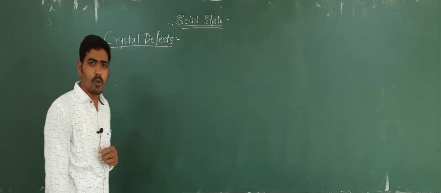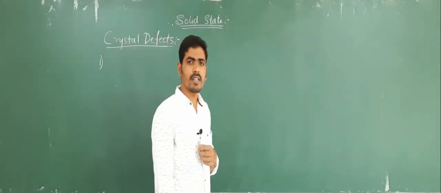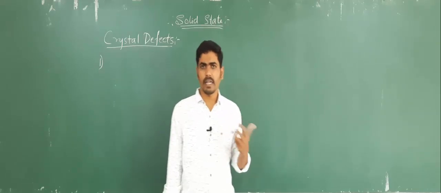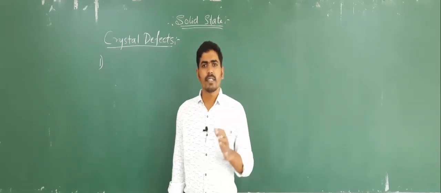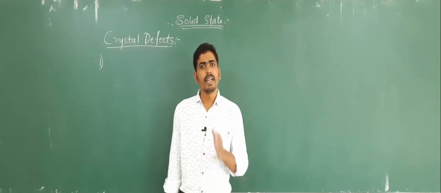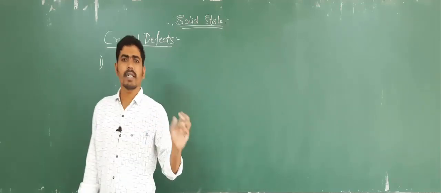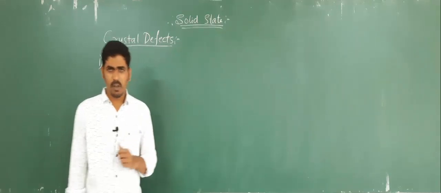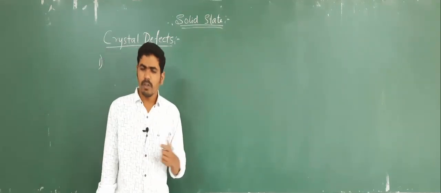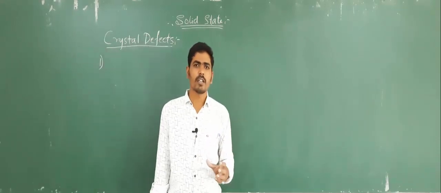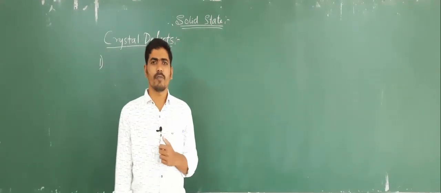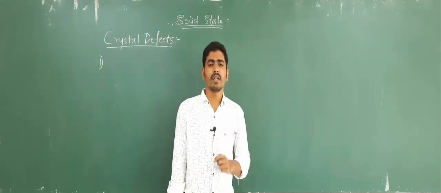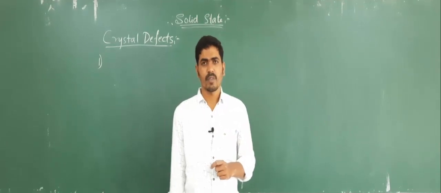In ionic compounds, as you have observed, in vacancy defect there is a missing of one particle and it is said to be vacancy defect. In interstitial defect, the particle gets accumulated in an interstitial site. Now in case of ionic crystal, you will find the vacancy defect and also interstitial defect, but there the crystal should maintain electrical neutrality.